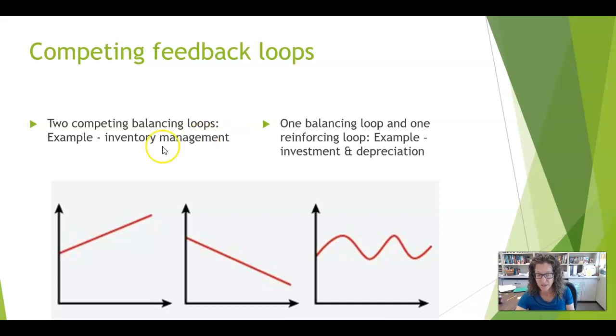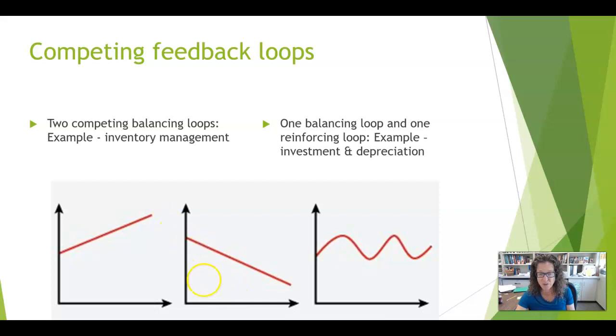If the dominating feedback loop is the reinforcing loop, the birth rate, we might see an increase in the population size because the dominance is on the side of the reinforcing loop.